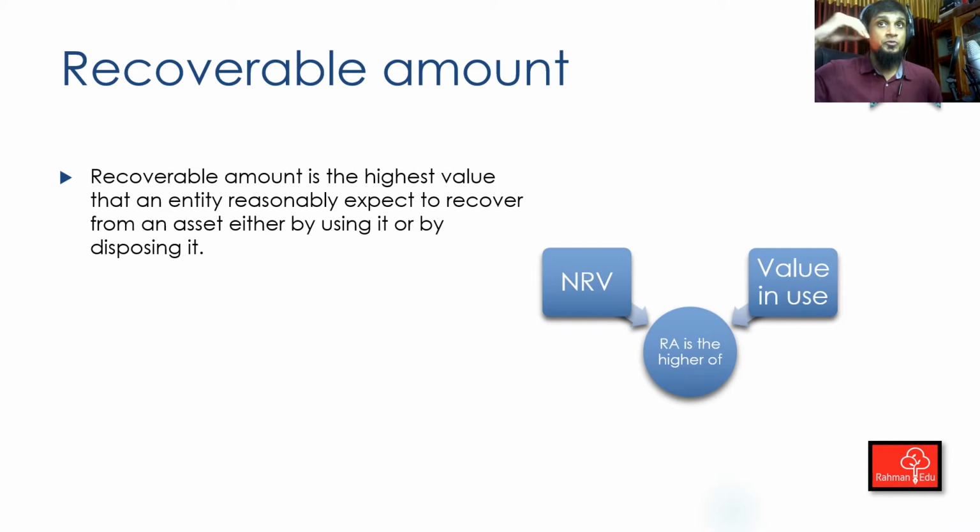The asset should be written down to the recoverable amount. And the recoverable amount is the highest value that the entity reasonably expects to recover, either by selling that asset or by using that asset. We talk about highest. If you have different measurements, then take the highest value, meaning the higher of value in use and NRV.